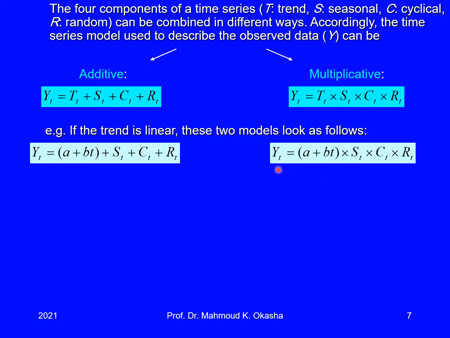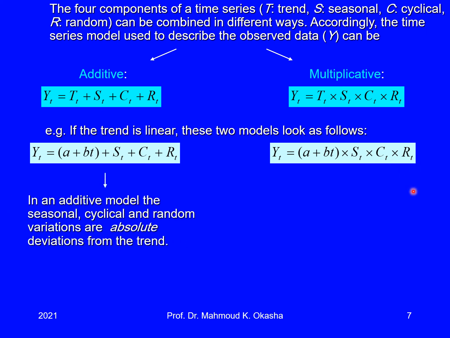Y_t equals T, that's the straight line equation, multiplied by the seasonal component, multiplied by the cyclical component, multiplied by the random variation. And in the additive model, the seasonal, random and cyclical components together are absolute deviations from the trend.